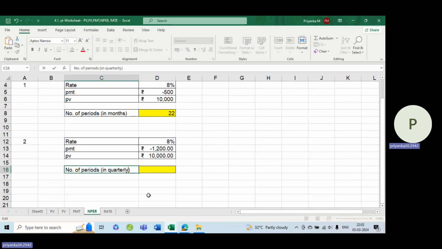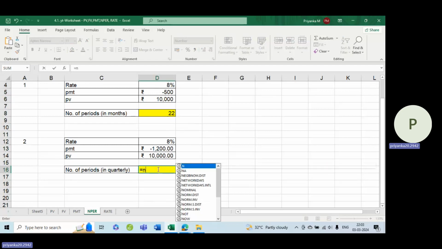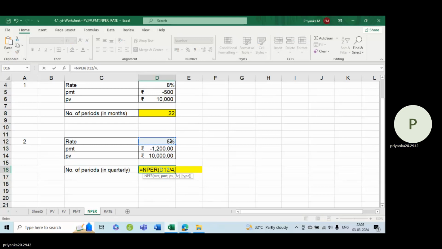We need to find it and give it to them: how many quarters you have to provide. So here again, number of periods, NPER. What is going to be my rate? This is going to be my rate. For rate, we are just going to divide it by 4, comma, payment.